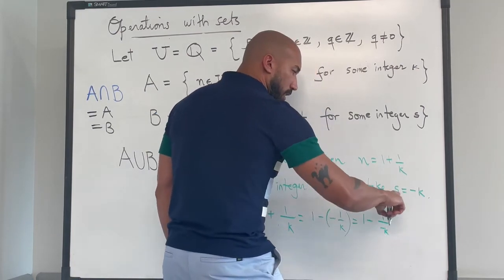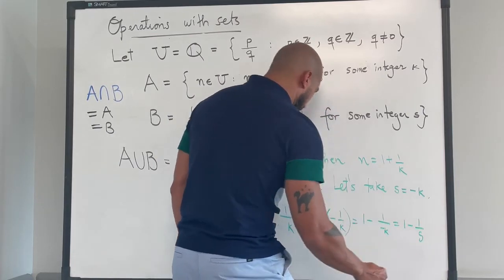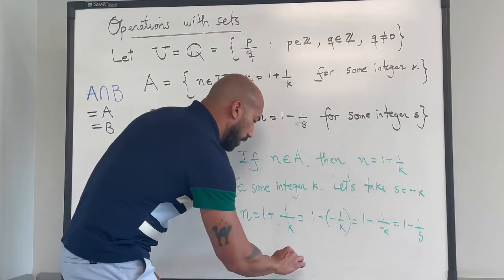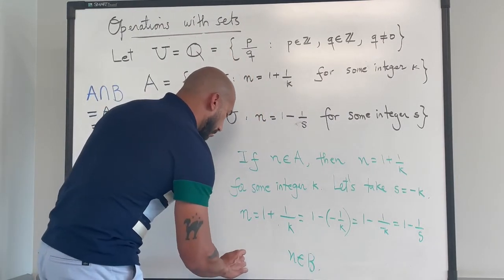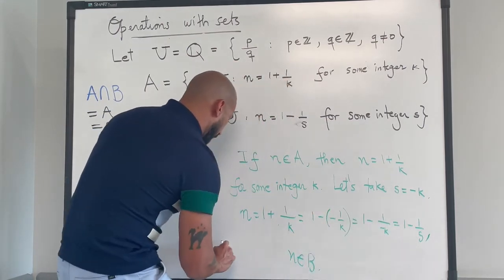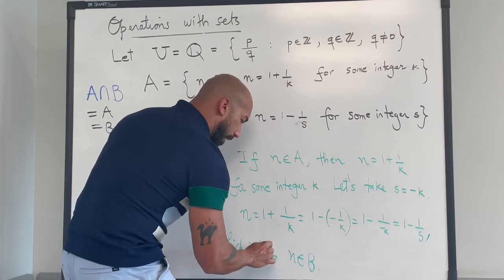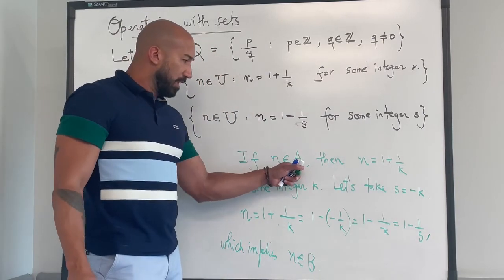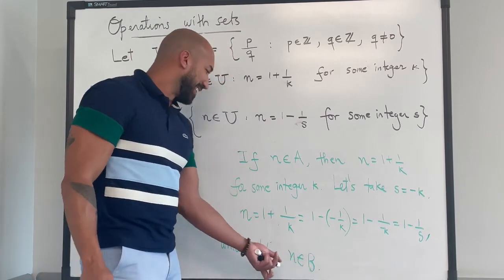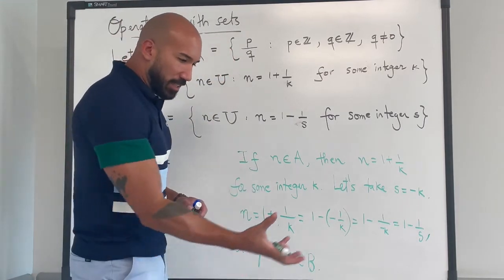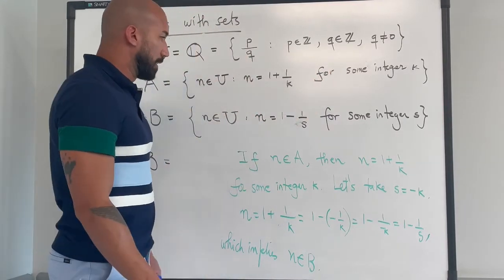But minus k is s, so this is 1 minus 1 over s, which is telling us that n is also in B. So if n is in A, n is in B.